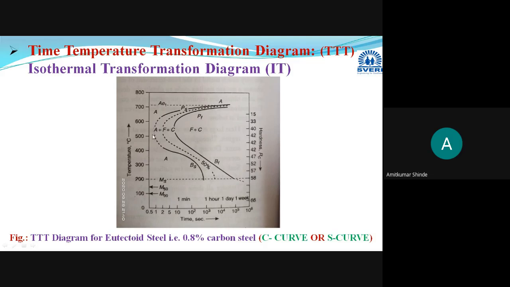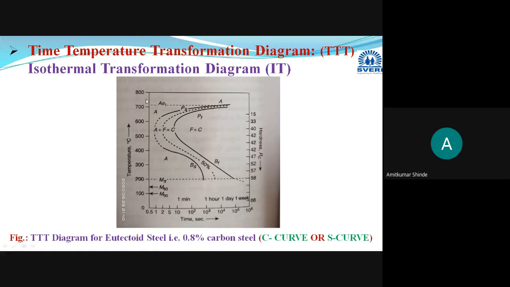This particular temperature exactly at the nose of this curve is termed as the nose temperature. Please try to identify, see this cursor here. At this exact point, at the nose of this curve, this temperature is the nose temperature.